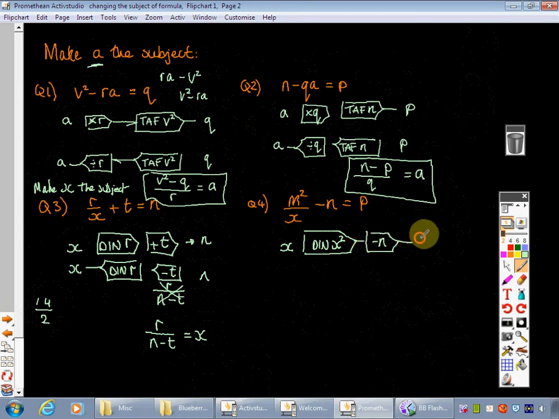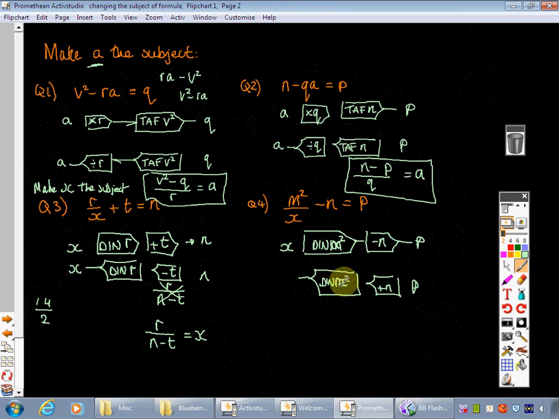So working backwards, P. Opposite is to add N. And then, of course, DIN is self-inverse, so divide into M squared, it's going to be DIN M squared. And that will throw out, sorry, I've done that wrong. That there wasn't X squared, it was M squared, so that there should be M squared. I'll just take you through it again.